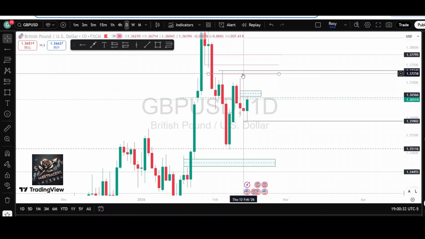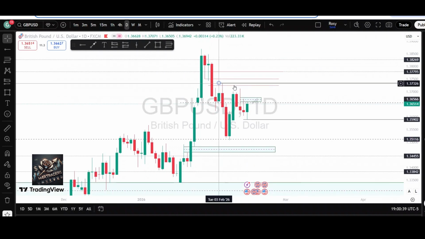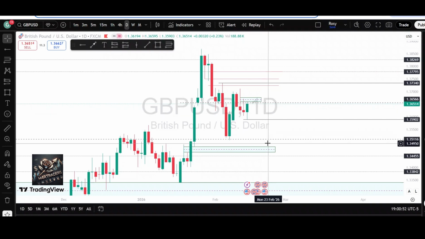If it's not holding, I begin to look at this mapped out area for a reason, and those reasons are on the daily time frame. But first of all, let's watch this area, probably this area, for price to go down. If price has to go down, once it gets to this area, there may be a little pullback on the upside before it continues to drop.